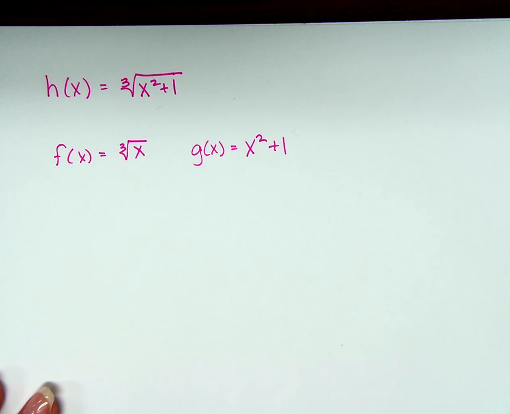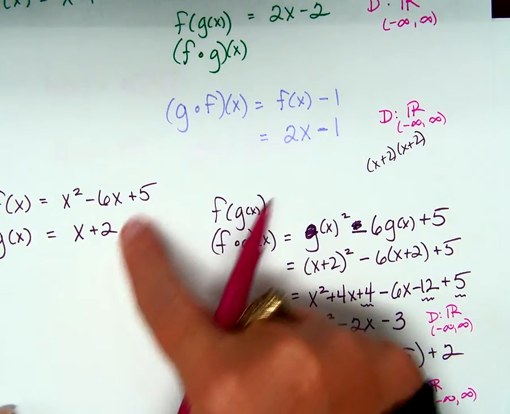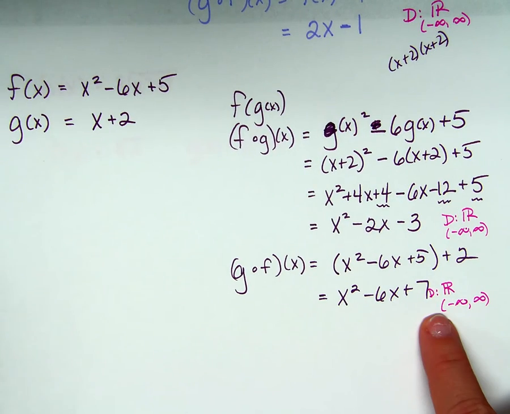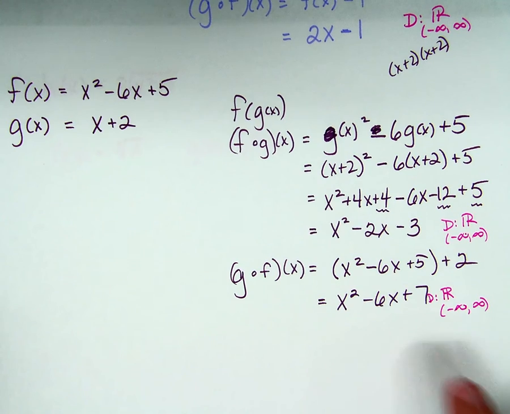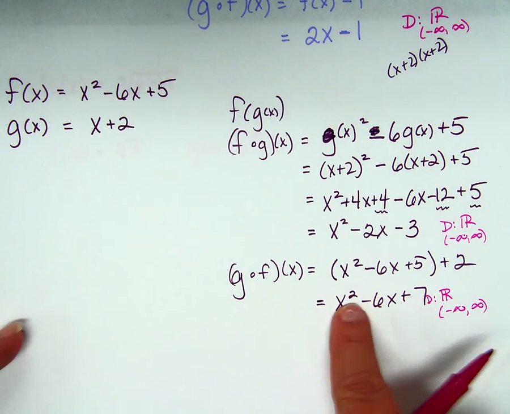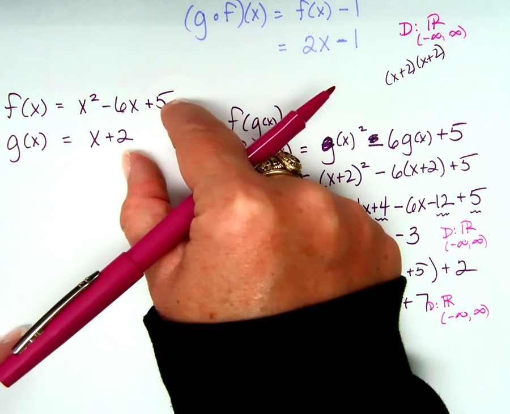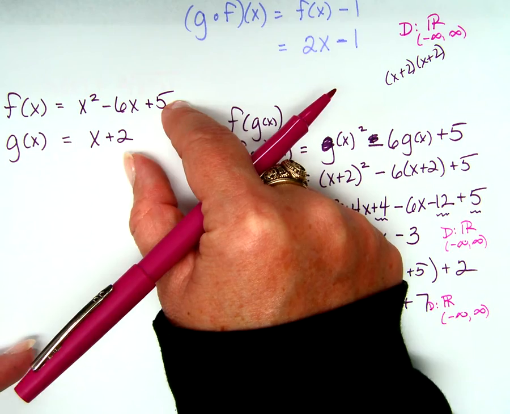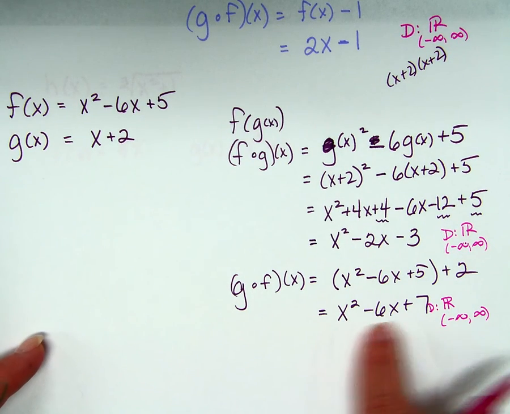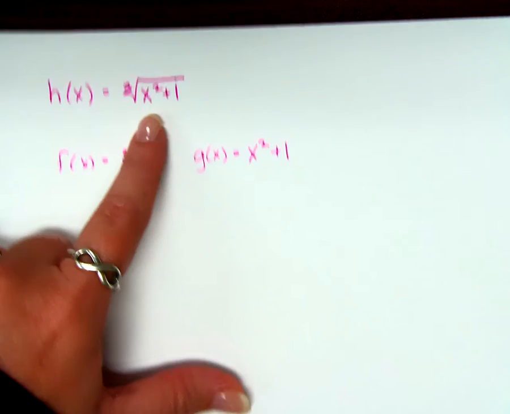Does that make sense? So on all of these, it's saying take these two functions and find its composition. Writing functions as compositions is taking this one and trying to separate it out into two parts. Now, please understand, it's not going to be something like this. It's going to be something like this.